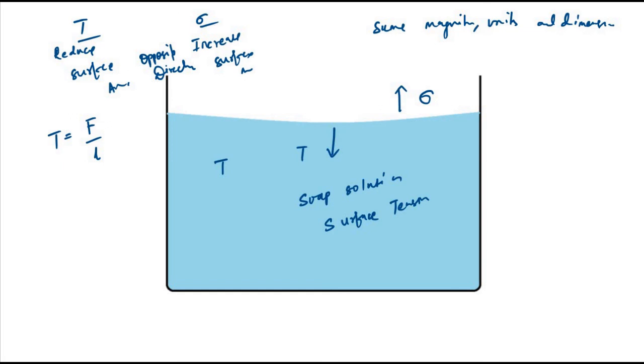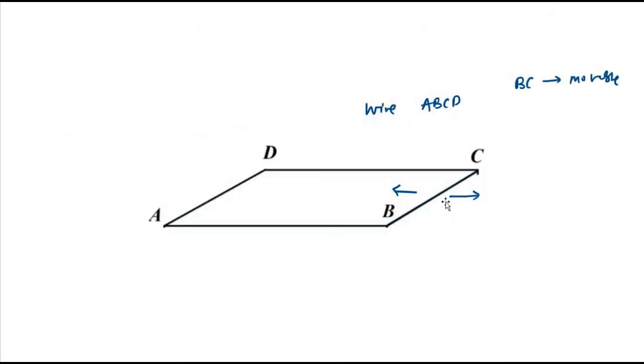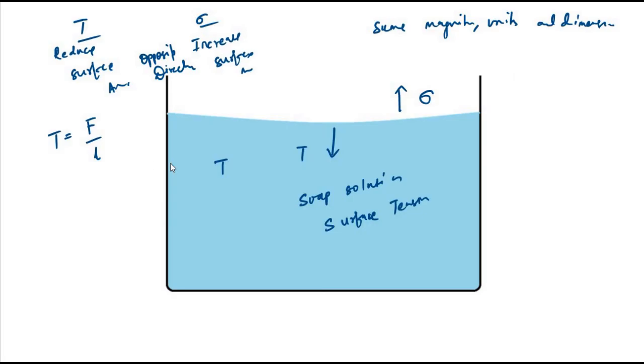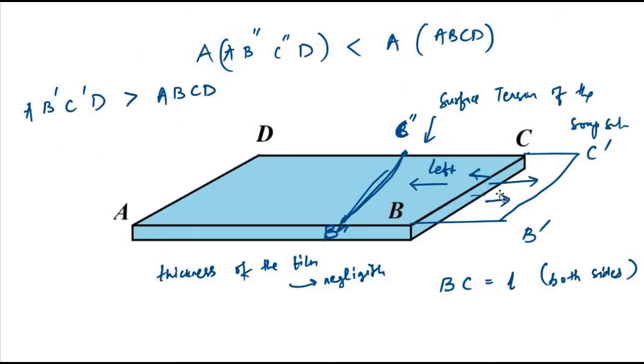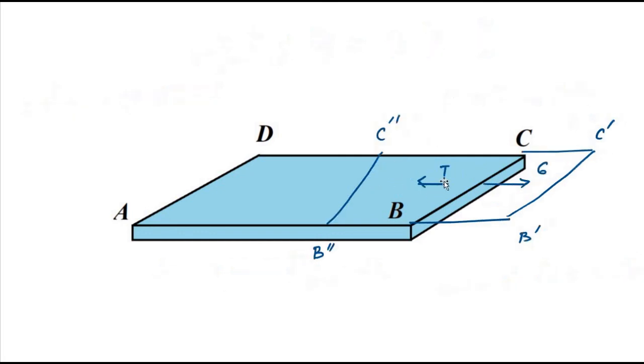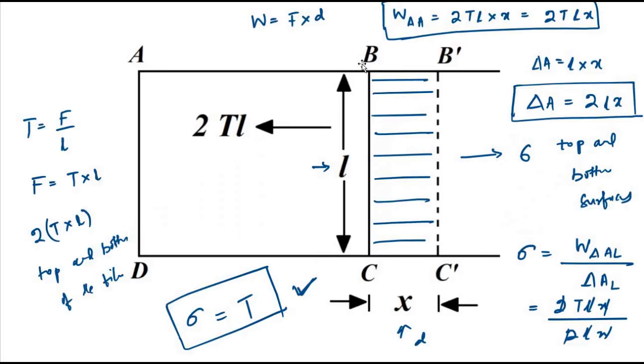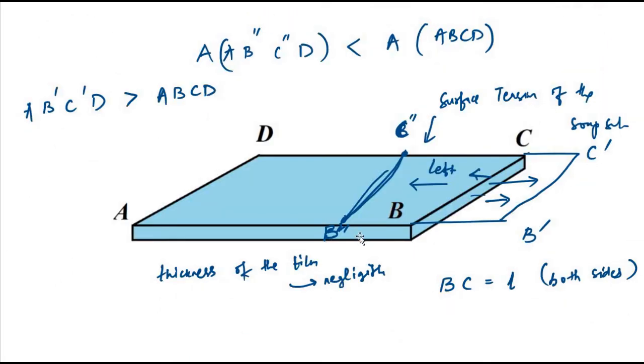So this is the important thing about surface energy, which we demonstrated with the help of this simple experiment of a wire with a movable portion BC of length L, dipped in a soap solution of surface tension T, as a result of which the movable portion initially got pulled towards this portion because of surface tension T. Then surface energy sigma had to be applied in the opposite direction to move it to this new position B dash C dash, causing an increase in surface area equal to 2 times Lx, simply because both the top and bottom surfaces of the thin film were considered.